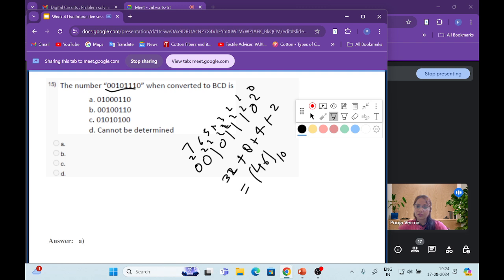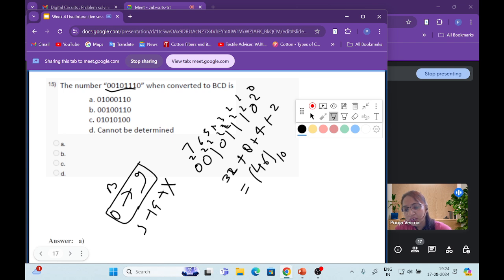Now we need to convert it to BCD. BCD means binary coded decimal. So a binary coded decimal number goes from 0 to 9 only. After 9, the values 10 to 15 act as don't care conditions. So BCD represents only the numbers 0 to 9, and it is the same as the binary representation from 0 to 9.